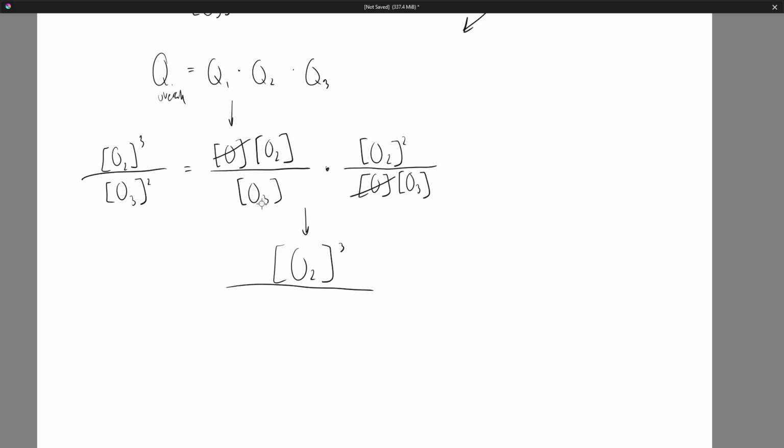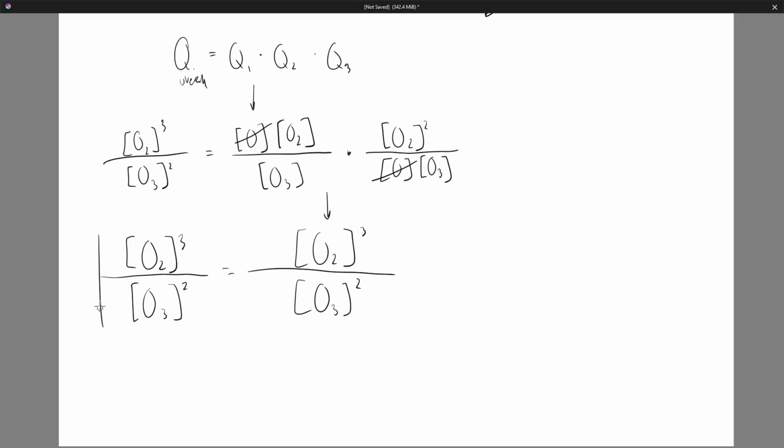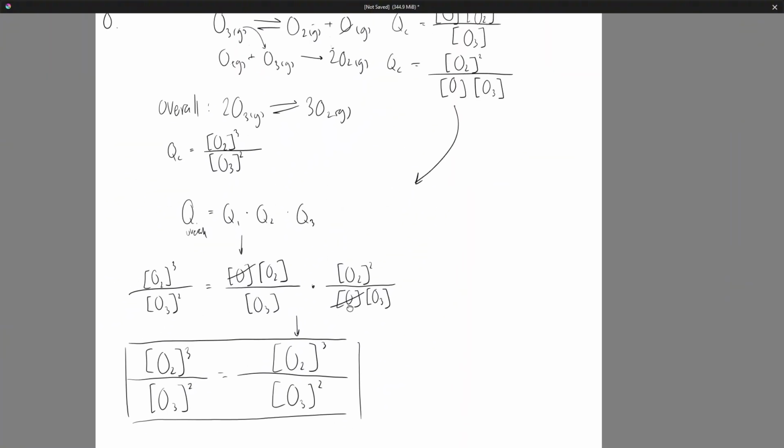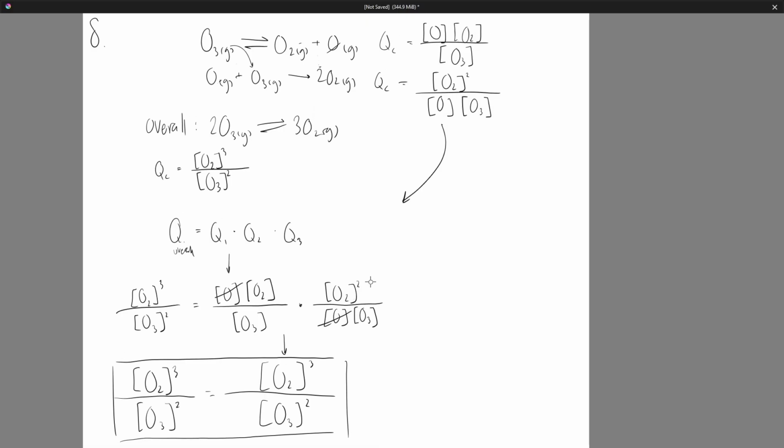And we multiply this ozone by this other ozone, so that makes ozone squared. And you see that's equal to the quotient of the overall equation, which is the exact same thing, like I said. So that's how you prove the overall QC is equal to each step's respective QC. That should be it for 8.